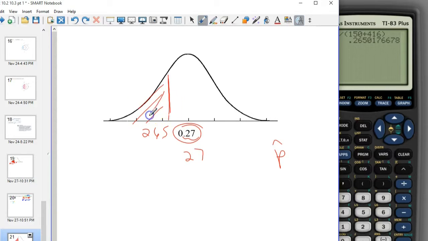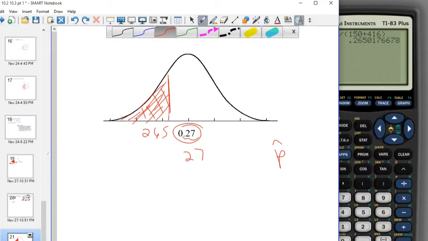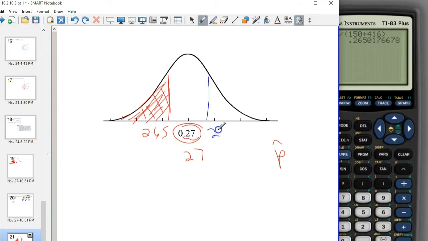Because we're not told whether we're testing if it's above or below, we have to do what's called a two-tailed test. What a two-tailed test does is it's kind of like a mirror image. We're half a percentage point below, so we'd also be half a percentage point above when we do a two-tailed test. And we're trying to determine the area of both of these tails.